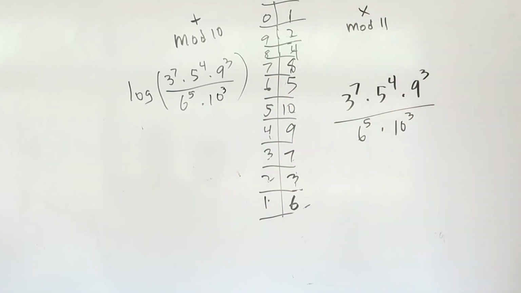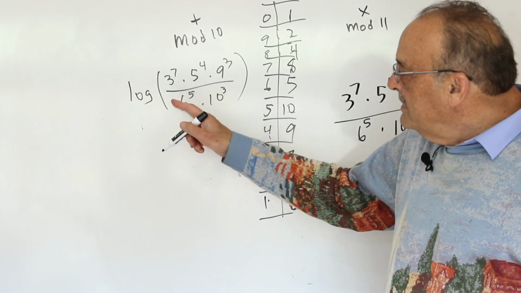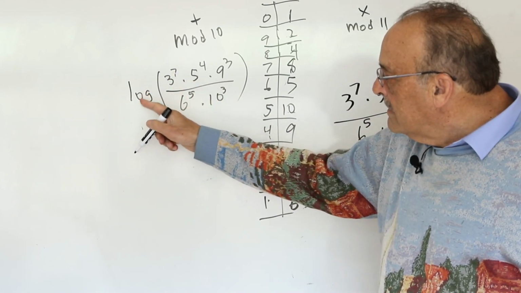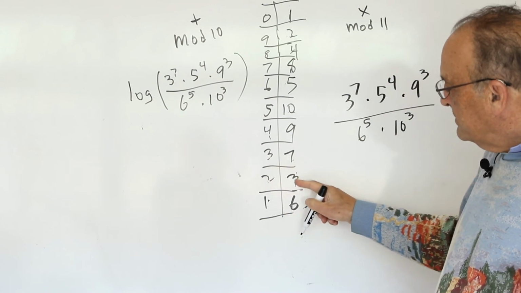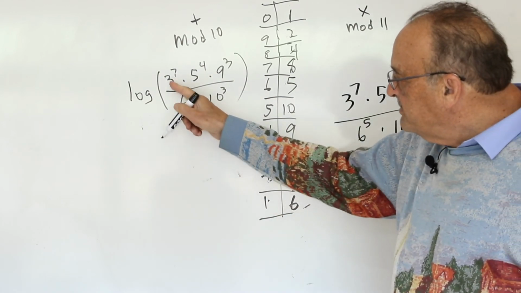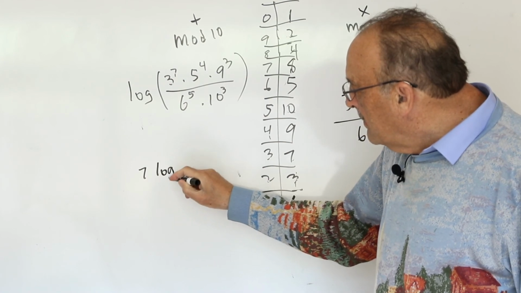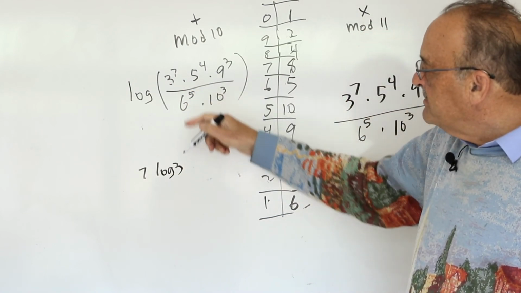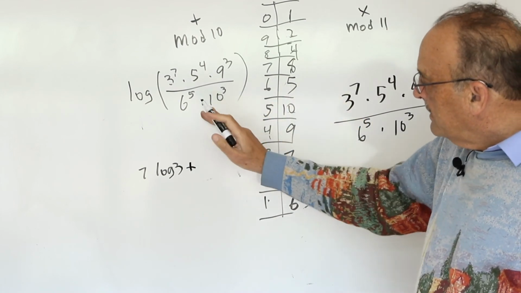Now, when we find the log of 3 to the 7th, it's actually equal to 7 times the log of 3. And the log of 3 just takes you from here to here. It's a function that takes this input, gives you that output. But this becomes 7 times the log of 3. And the times becomes plus, because over here where we're multiplying, over here we're adding.